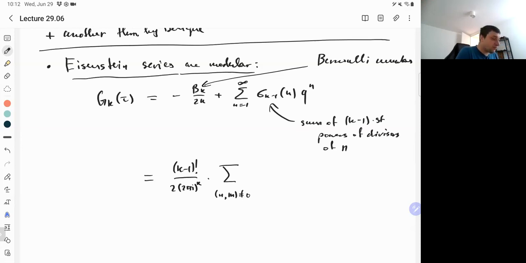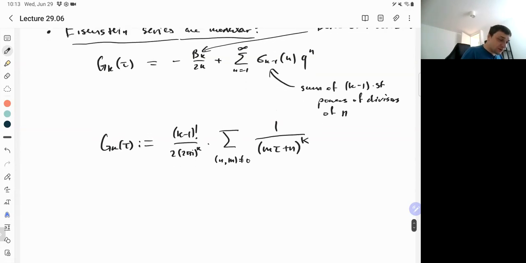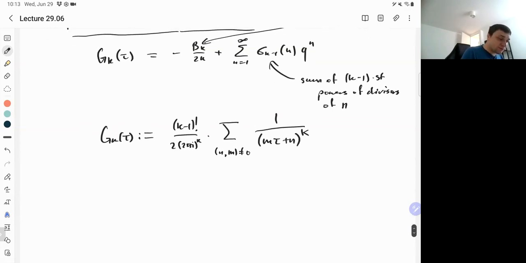So you sum over all non-zero points in the lattice, and the thing that you're summing is this rational function. And this is a definition. From this definition, it's actually much easier to see that it's modular.